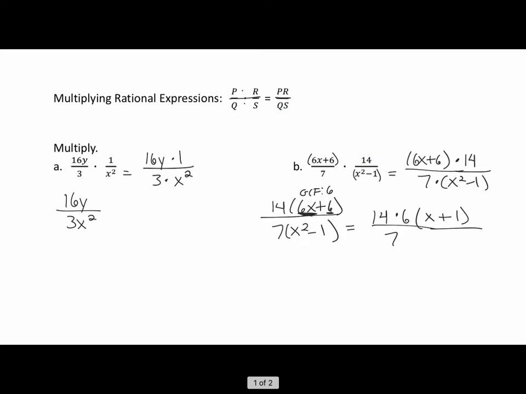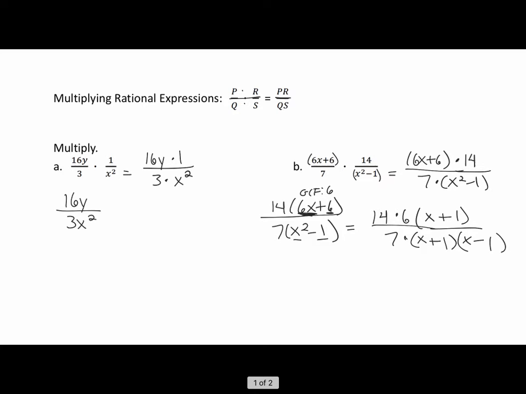Then in the denominator, there's no greatest common factor for this factor x squared minus 1, but there's 2 terms. Their difference, are those perfect squares? Yes, they are. So that means I have 2 factors of x and 1. Because it's a difference of 2 perfect squares, there's one positive and one negative factor. And then that's completely factored.